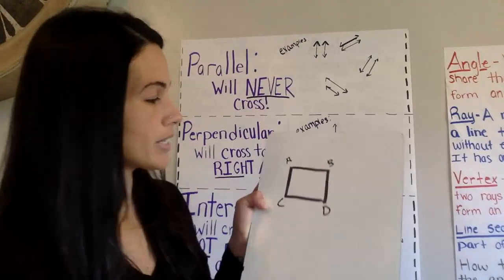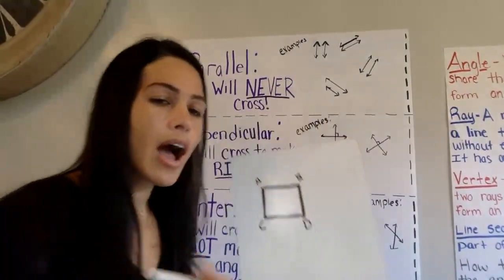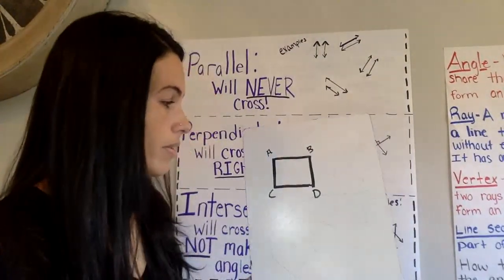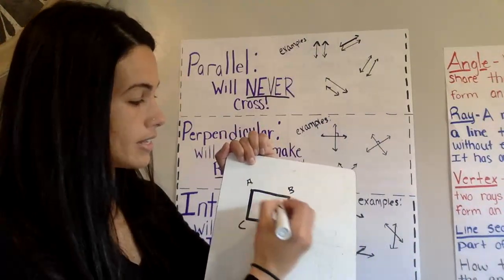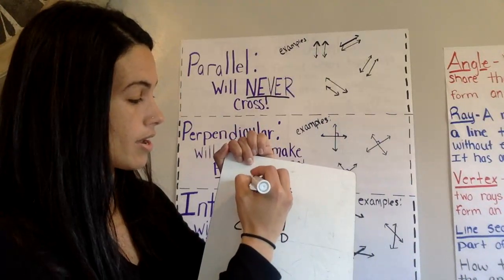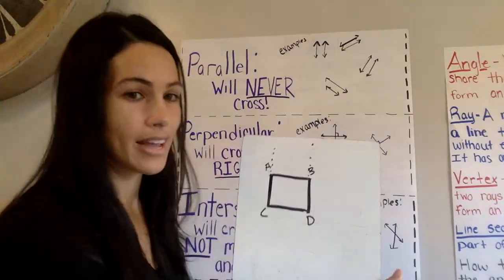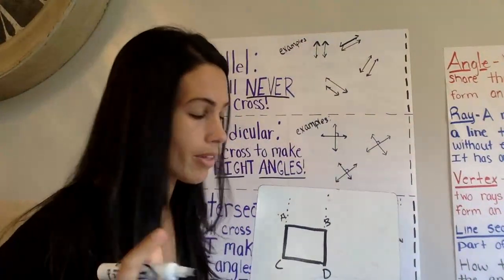Actually, it's probably more of a rectangle because it's not exactly the same. But they'll ask you a question like, how many sets of parallel lines do you see in this shape? So if you get confused, you can always look at the line. Is this parallel to this? If you continued on, they will never cross. So is this a parallel line? Yes. So that's one set. AC and BD. That's one set of parallel lines.